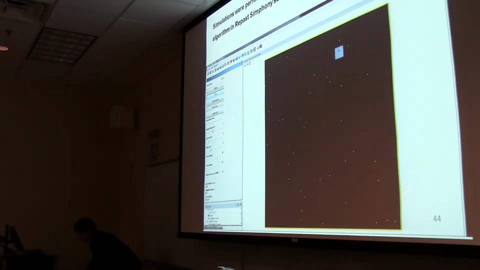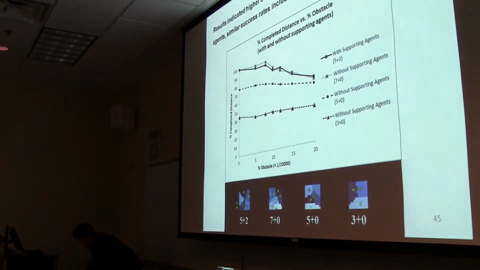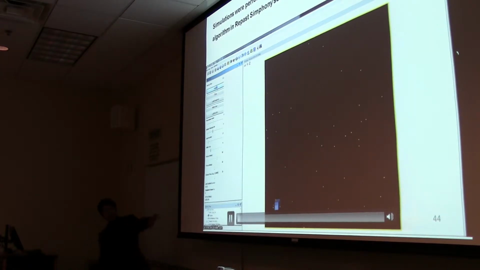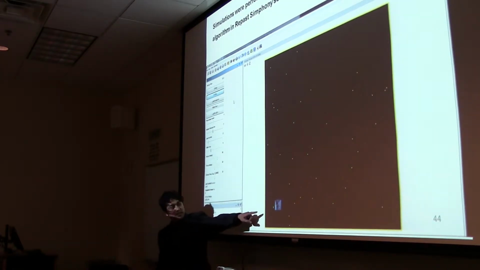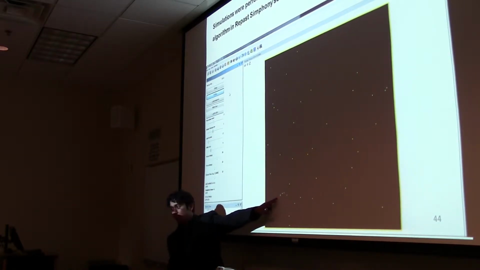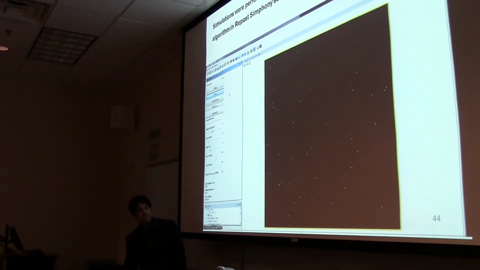This was done in Repast Symphony, a multi-agent systems simulation software. Okay, so they're performing the load balance, and there are robots carrying, and there are supporting agents like the ants, and these yellow ones are the obstacles.